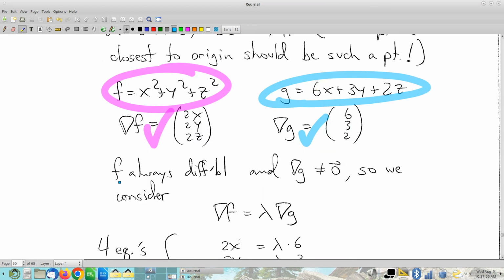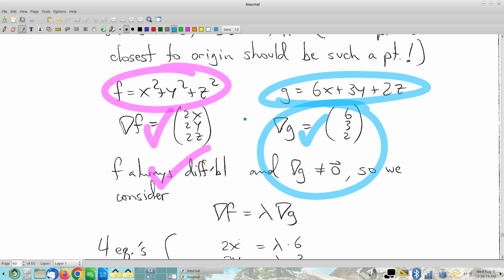Here we go. Okay, f, clearly differentiable. It's a polynomial, no issues. Fine. Is our constraint gradient ever zero? Nope. Easily observed. 6, for example, is never zero.